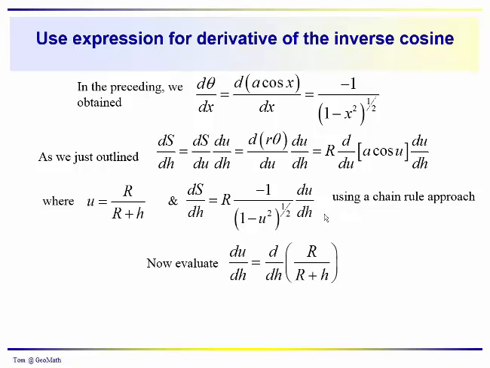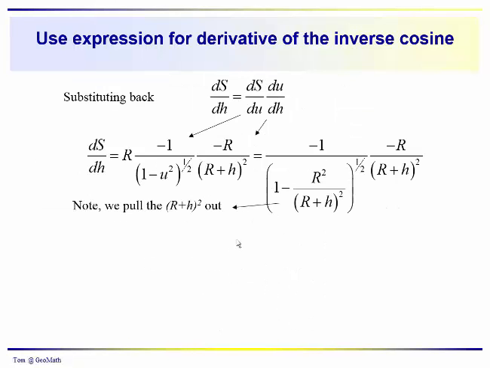So let's evaluate. First, we're going to have to evaluate what du/dh is. So hopefully you're comfortable in taking this derivative. If you take this derivative, you should get that d/dh of r over r plus h is going to be minus r over (r plus h) quantity squared, just using our power rule and chain rule.